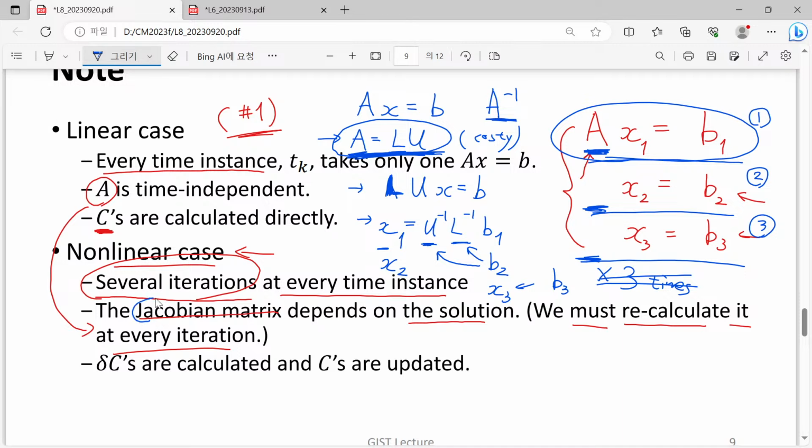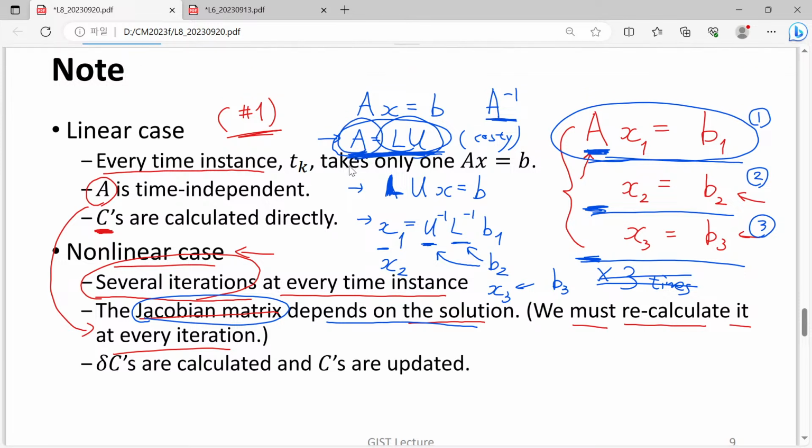Unfortunately, in this case, the Jacobian matrix depends on the solution. So every time we must recalculate the Jacobian matrix, and the previous LU decomposition for the former Jacobian matrix cannot be used any longer.